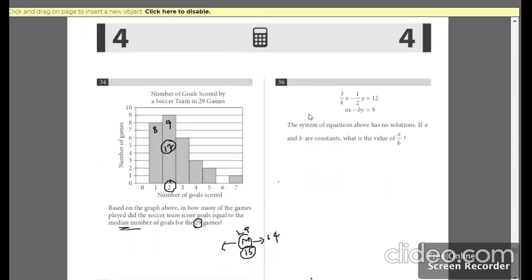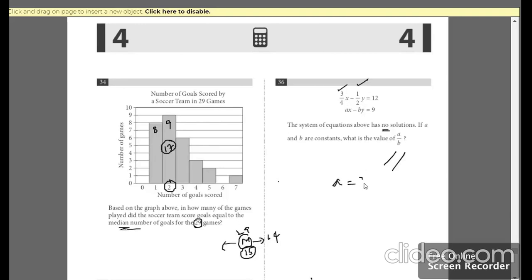We have simultaneous equations, but they say the system of equations above has no solution. If a and b are constants, what is the value of a by b? We know that when there are no solutions, the lines are parallel, so the coefficients will be exactly the same.